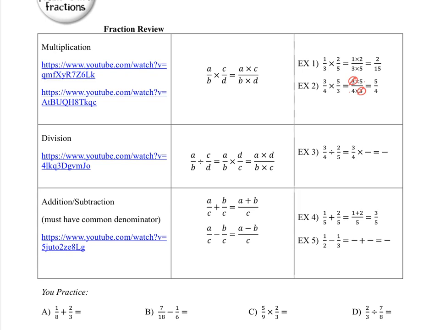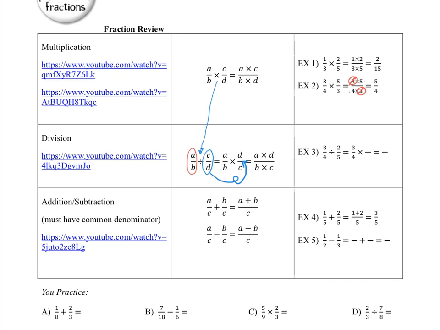All right. Moving on to dividing. Dividing fractions. What's happening here is that you can see we have a fraction a over b and a fraction c over d. But instead of multiplying now, it's dividing. So what we do is we take this second fraction and reciprocate it, aka flip it.